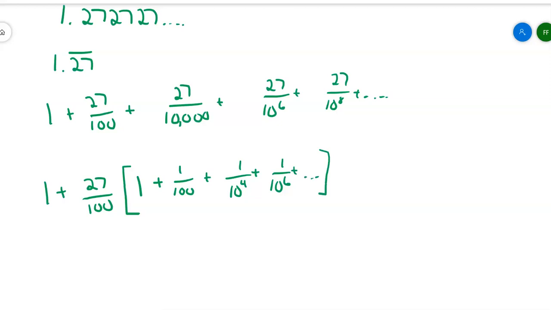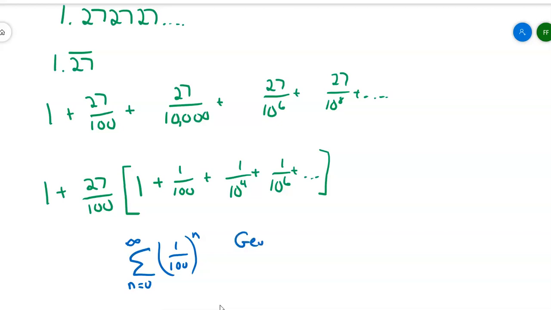You realize that what's in the middle now is a geometric series. It's the sum from n equals 0 to infinity of 1 over 100 to the n. Because 1 over 100 to the 0 power is 1, 1 over 100 to the first power, there's 1 over 100 to the second power, and 100 times 100 is the same thing as 10 to the 4th. This thing that's in blue converges.